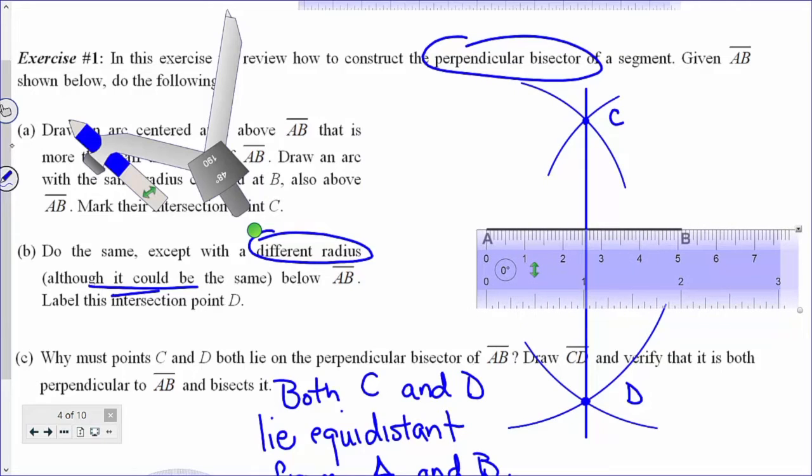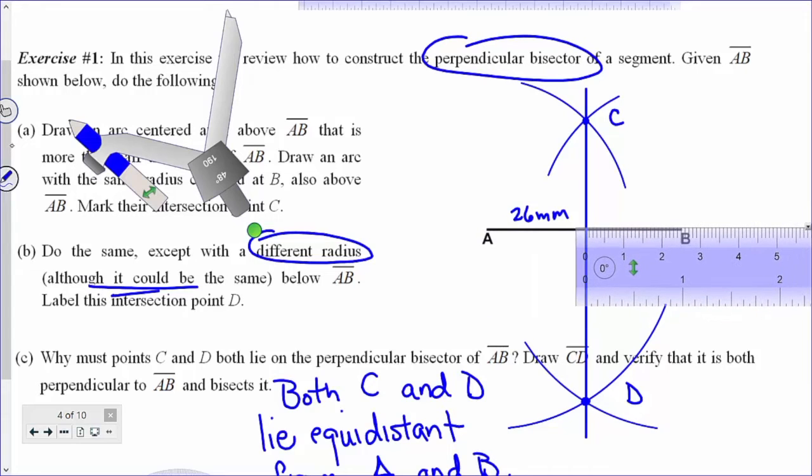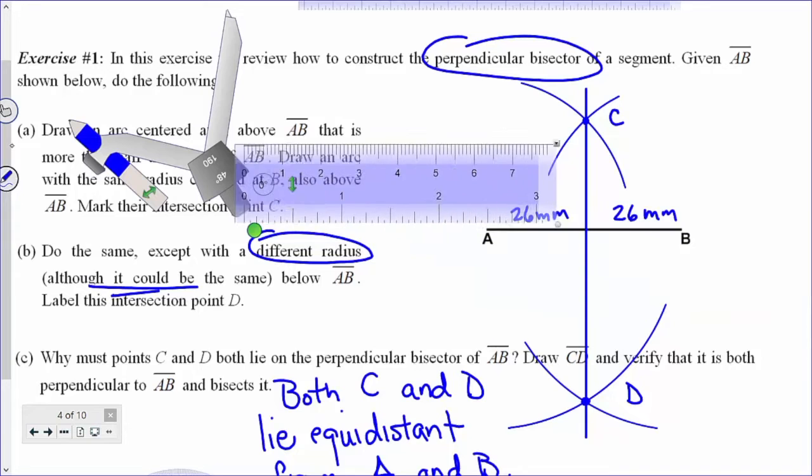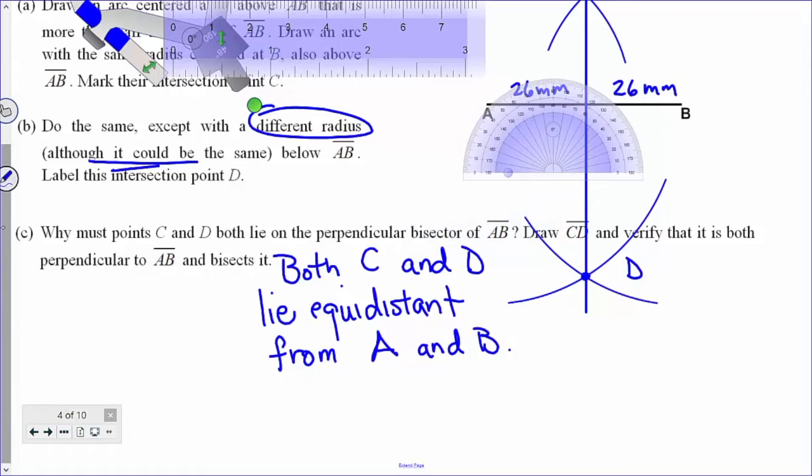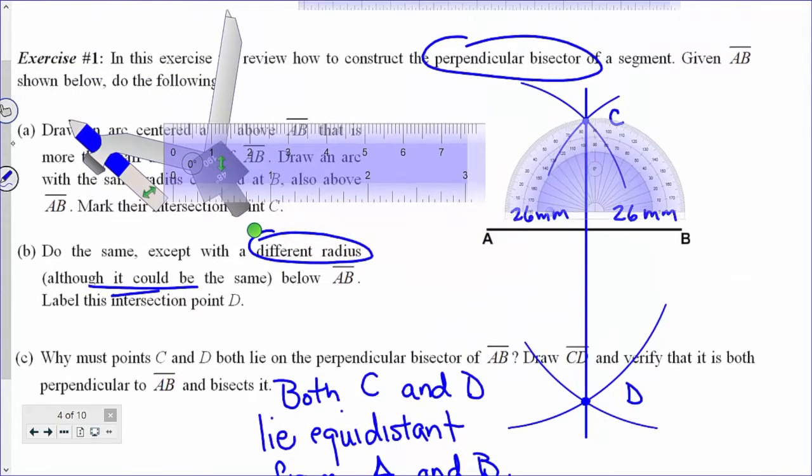Right here, I can see that that is 26 millimeters. 26 or 25 millimeters. I'll go 26. And that is not quite 26. It's more close to 25, but pretty close. And what certainly seems to be the case is that it's perpendicular, but I can verify that really quickly with my protractor, and I'm getting a nice 90-degree angle there.